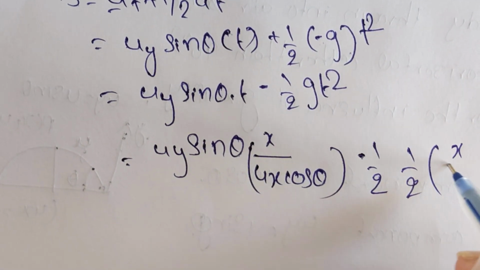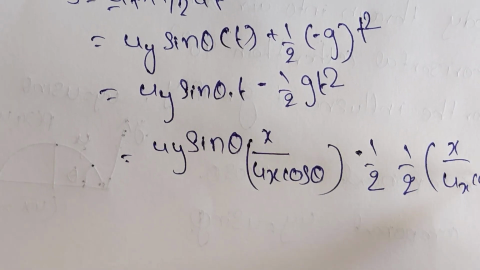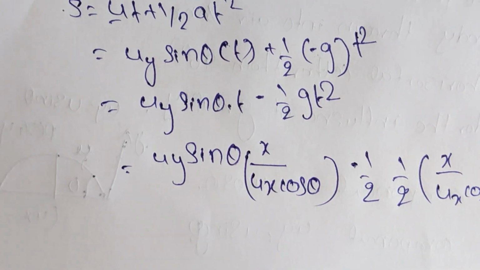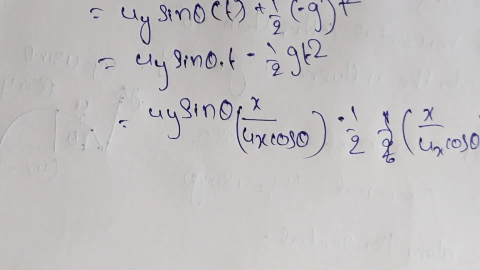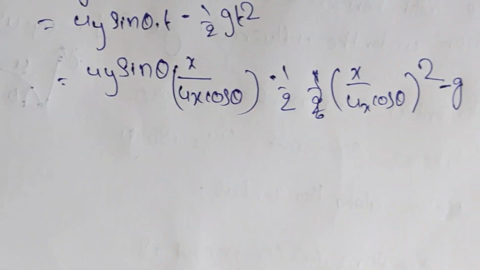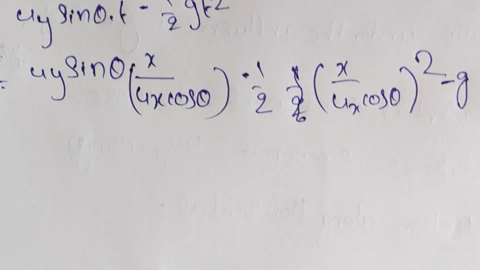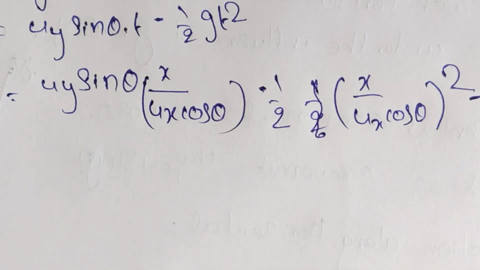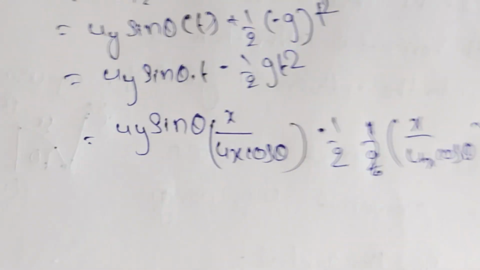T value is nothing but x by ux cos theta whole square, into minus g. So this is the formula, and this is the equation we get here.